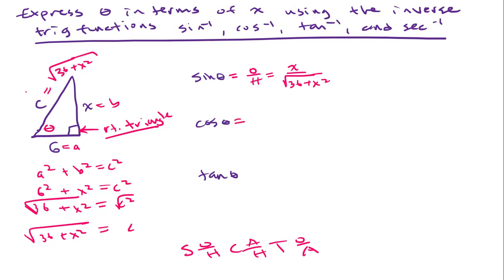Cosine theta is going to be adjacent over hypotenuse. Here's our theta, so the adjacent side is 6, and the hypotenuse again is the square root of 36 plus x squared.